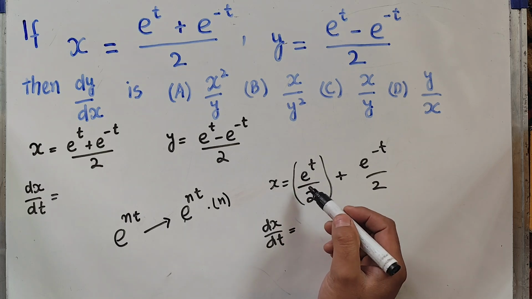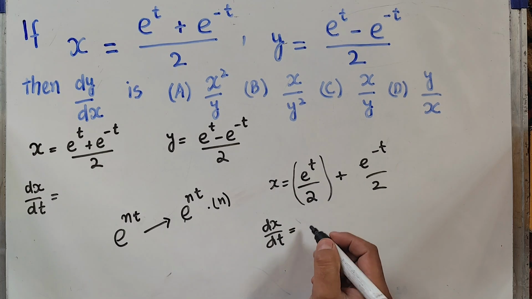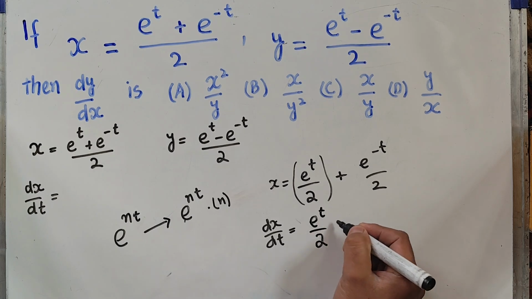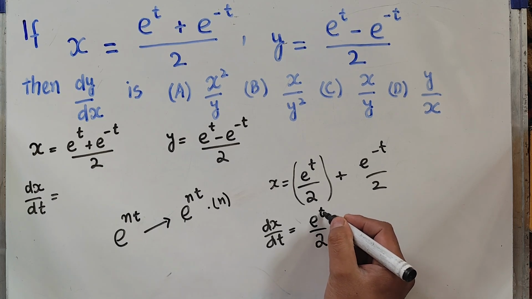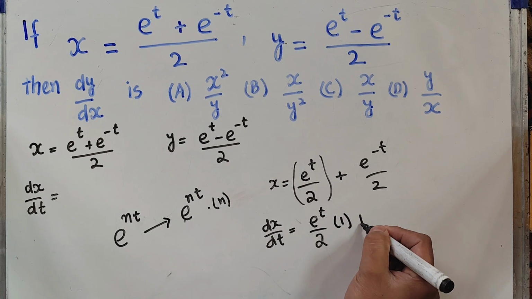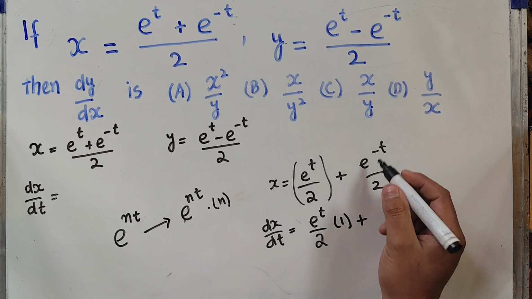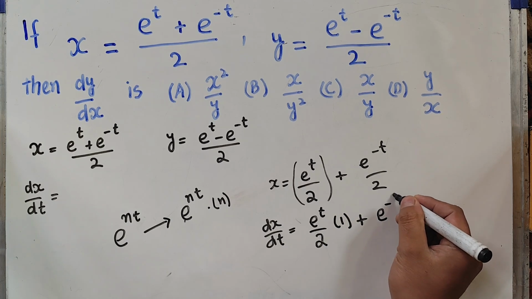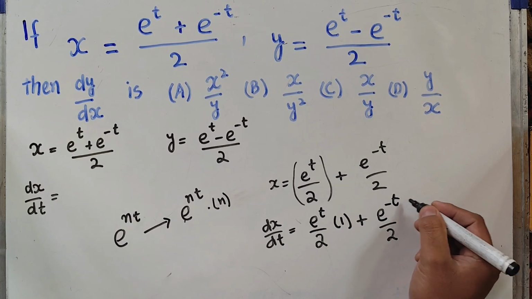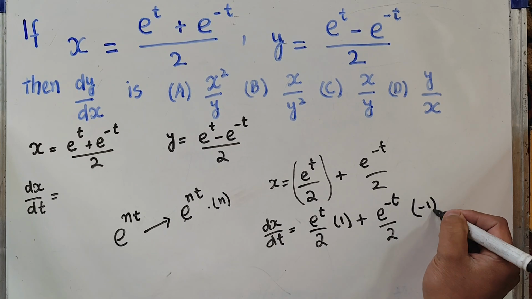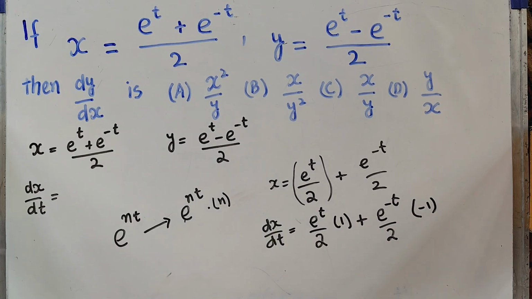The derivative of e^t/2 is first e^t/2 times the derivative of the exponent. The derivative of t will be 1, so we get 1, plus similarly here, the derivative of this exponential function is the given function first, that is e^(-t)/2, times the derivative of the exponent. The derivative of -t is -1, so we are left with minus 1. So what will we get?